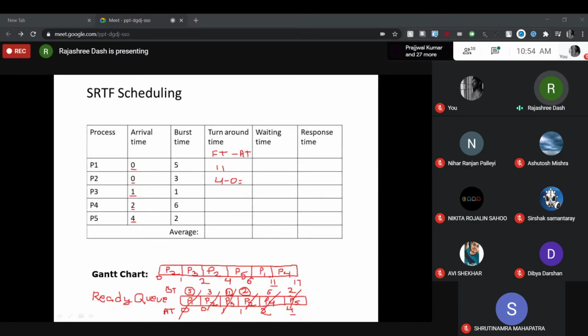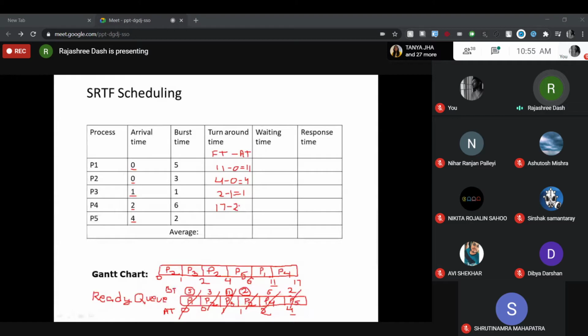Similarly for P3, 2 minus 1. For P4, 17 minus 2, that is 15.